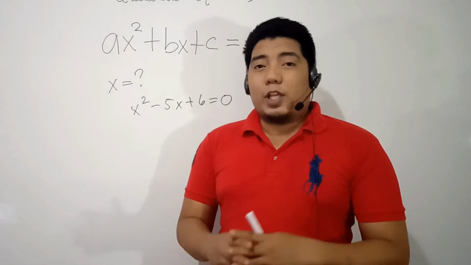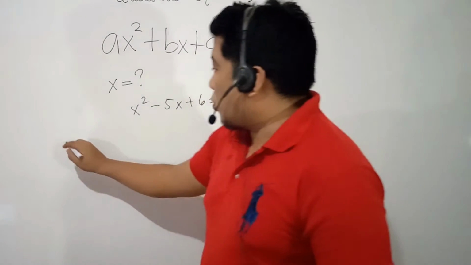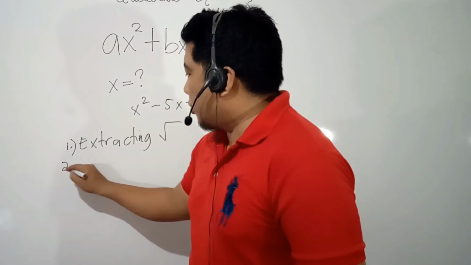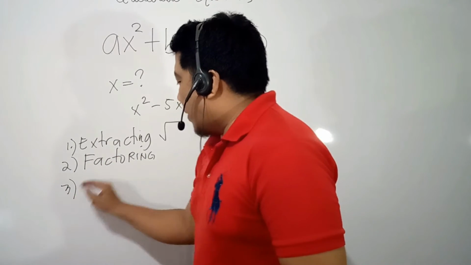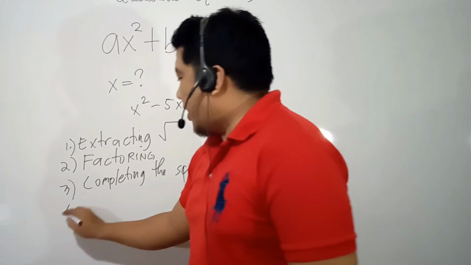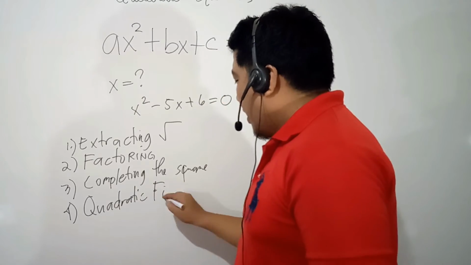Now, in solving quadratic equations, there are at least 4 known solutions. Number 1 is what we call extracting square root. Number 2 is factoring. Number 3 is completing the square. And finally, the use of the quadratic formula.